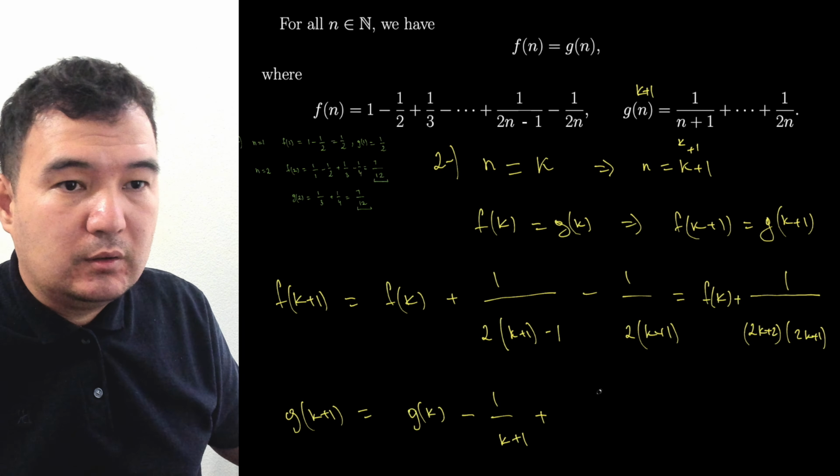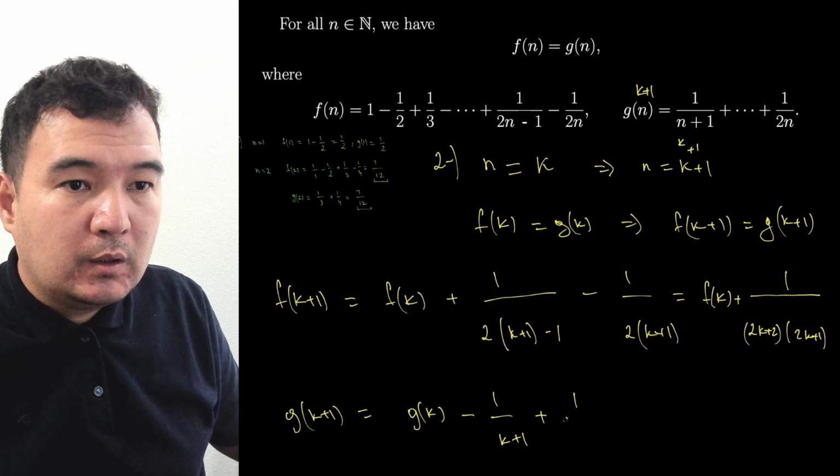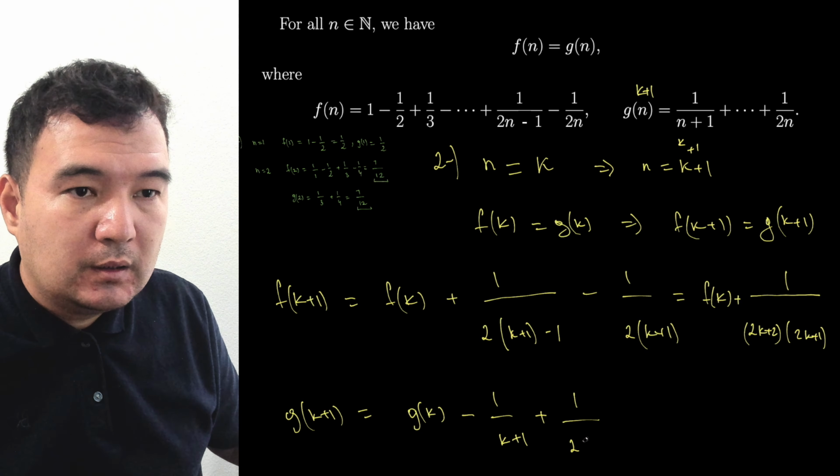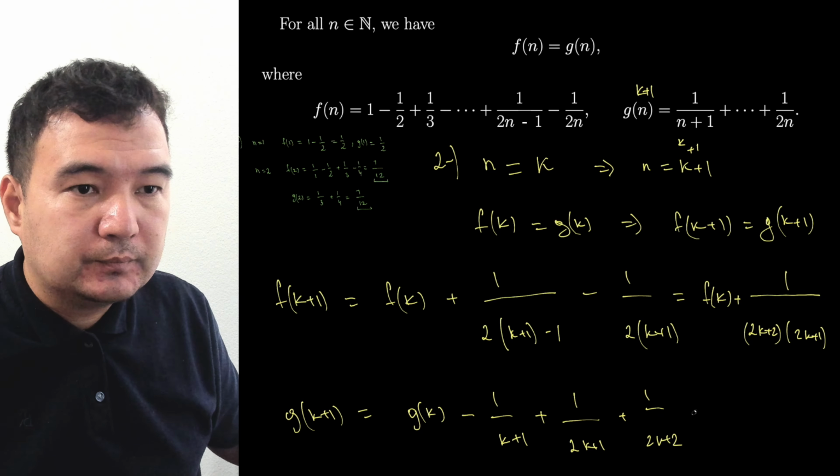Those extra terms are going to be 1 over 2k plus 1 and 1 over 2k plus 2.